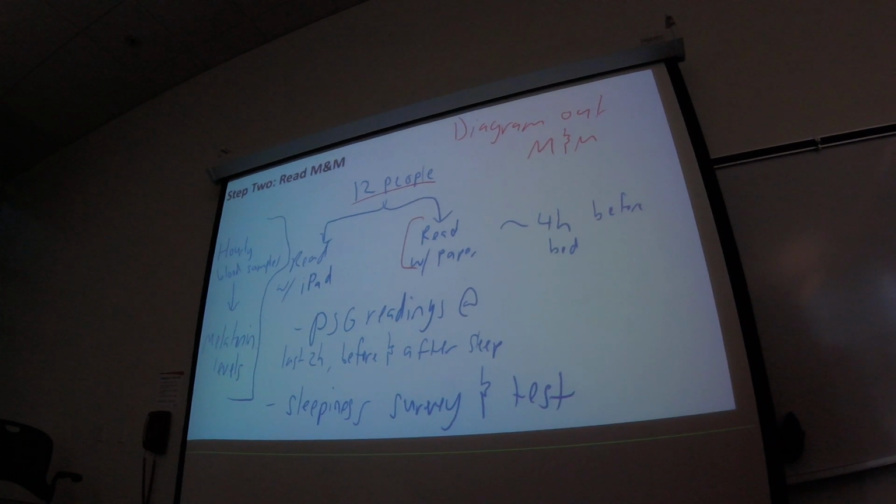One's going to be reading with paper, one reading with an iPad, and they're going to do that 4 hours before bed. The polysomnographic readings are going to happen the last 2 hours before and after sleep, and then the sleepiness test is going to happen. Along the side, they're going to have hourly blood samples so they can get at these melatonin levels.